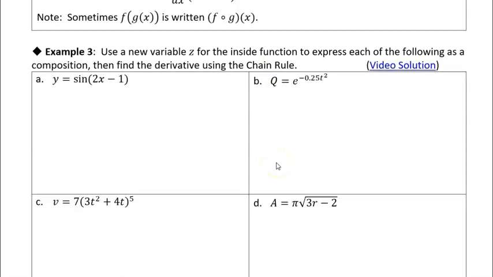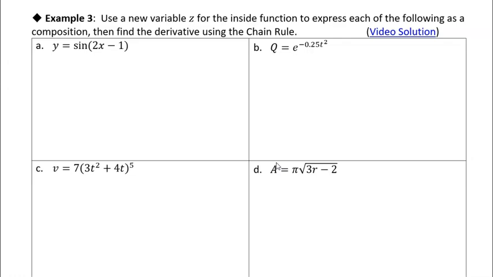So let's take a look at example 3. In each of these, we're going to have an outside function and an inside function. Now, you'll get to the point where you can just write down the derivative directly. But for the purposes of this video, since you're just learning it, I'm going to break it down. I'm going to call y my outside function.